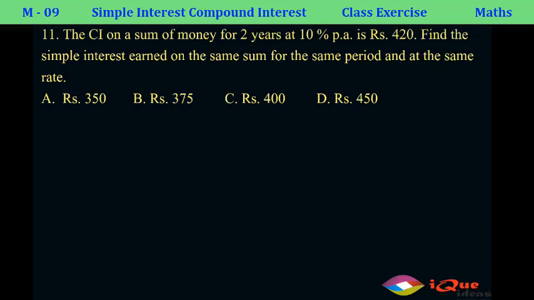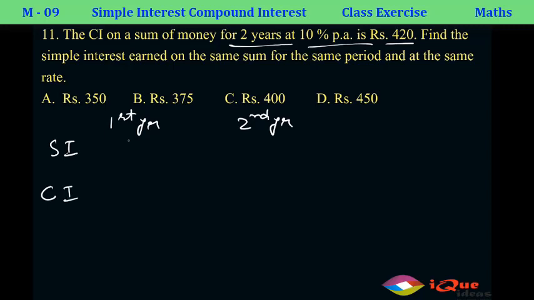Now this question says the CI on a sum of money for 2 years at 10% per annum is 420. Right. Again, we can apply the same formula. Let's say first year and second year. Alright. Simple interest and compound interest. Let's assume the simple interest for each year is X. Then the compound interest for the first year will be X. And for the second year, it will be just 10% more than the first year interest, because the rate is 10%.